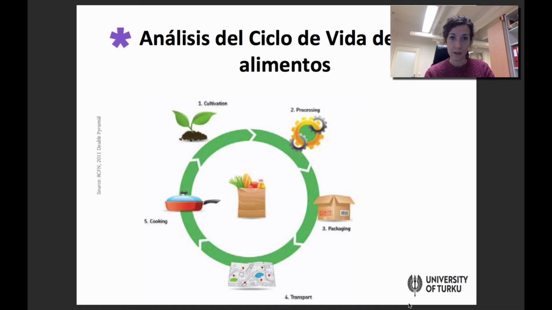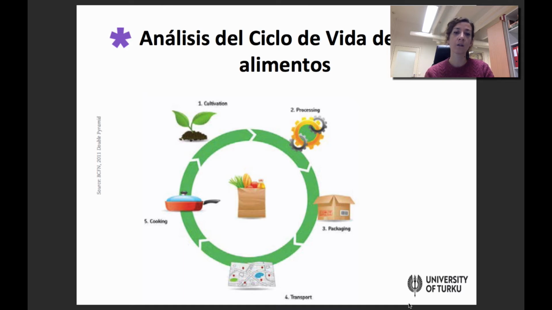So the idea of life cycle analysis, especially in the context of food, is to take into account all the different phases of production, and then also all the different phases of processing and packaging and distribution, and also finally of cooking. So we can see that really it's a very comprehensive look at how food is produced and also how food is consumed.